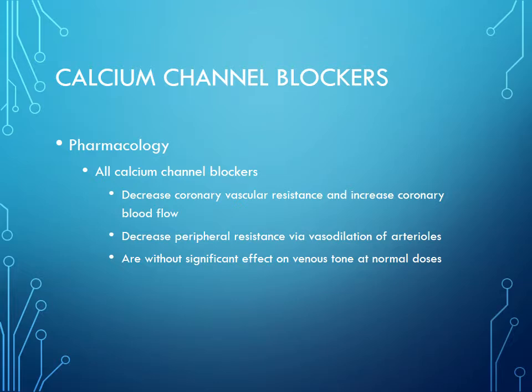The left side is what we focus on the most, right? And now, does the systolic blood pressure have anything to do with coronary perfusion? Absolutely it does. But the diastolic blood pressure is the biggest piece of that puzzle. So that's why it's diastolic minus left ventricular end diastolic pressure.